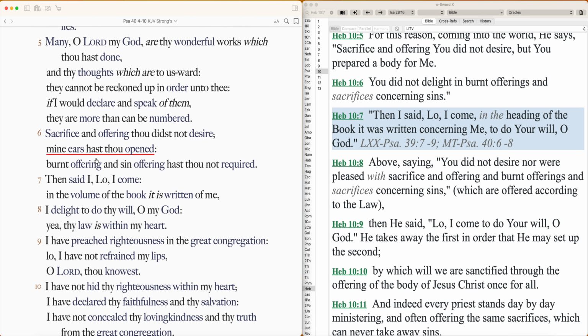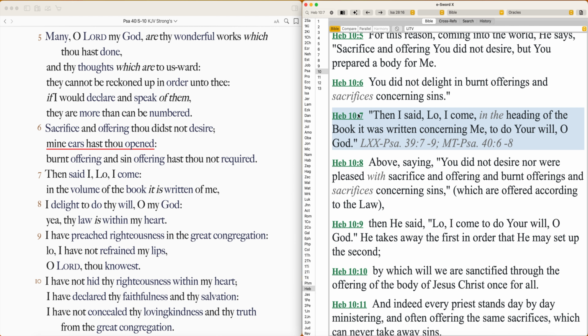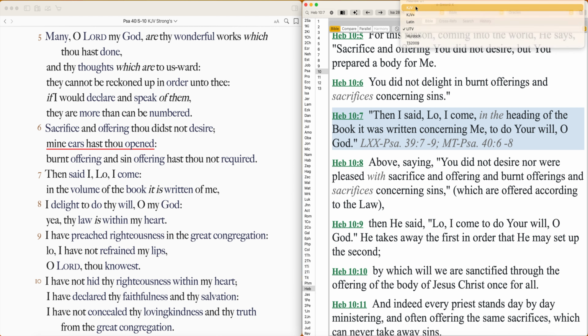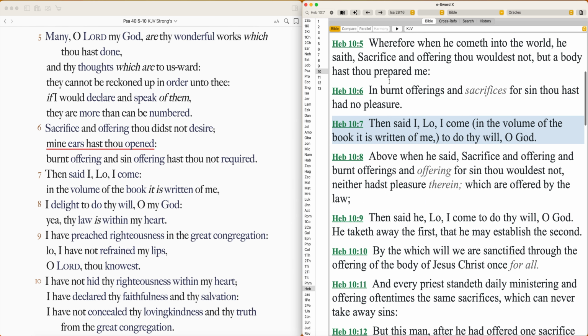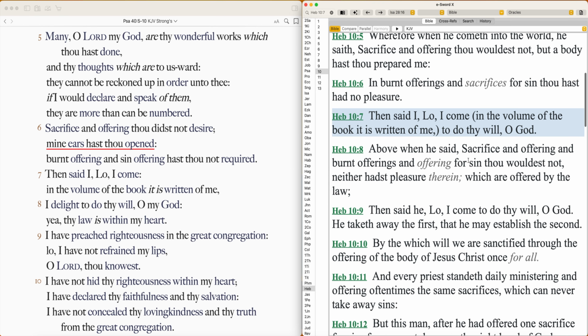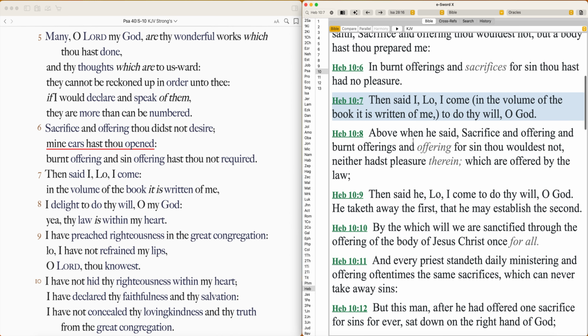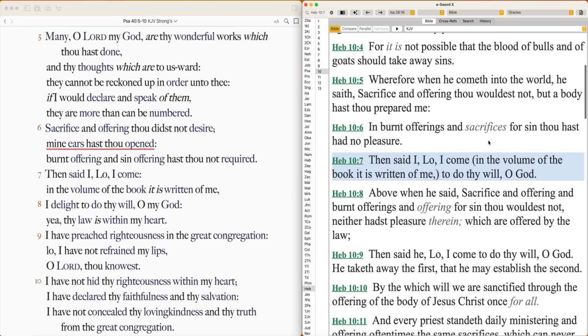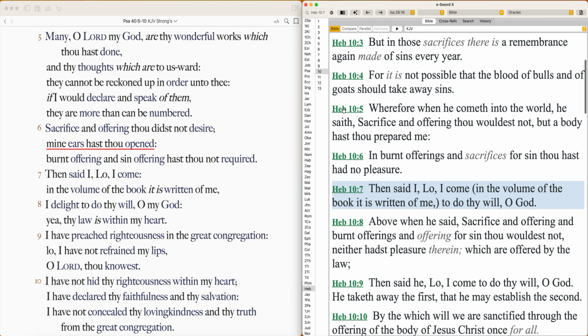All right, now you tell me if this even makes any sense. I'm going to switch back to the King James on the right so you see Hebrews 10 and 7. Then said I, Lo, I come in the volume of the book, it is written of me, to do thy will, O God. Let me go back to verse 5.